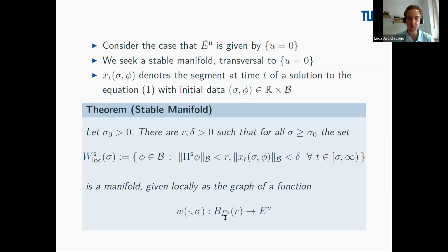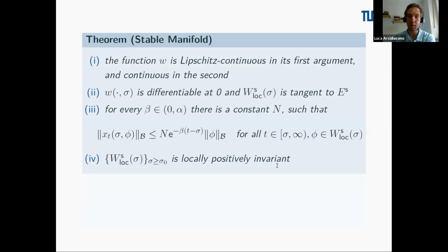The stable manifold is formed by all those functions which, when projected onto the stable space, are bounded and are also bounded for all forward times. So it's just the classical definition of a stable manifold. And this manifold is again given as the graph of some function. And it shares the usual properties of a stable manifold.